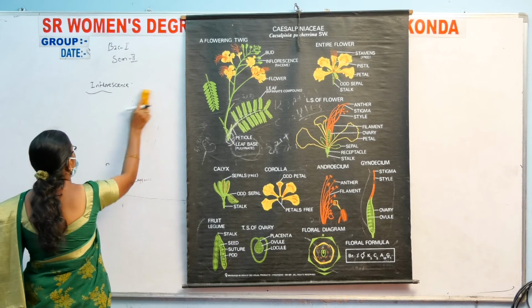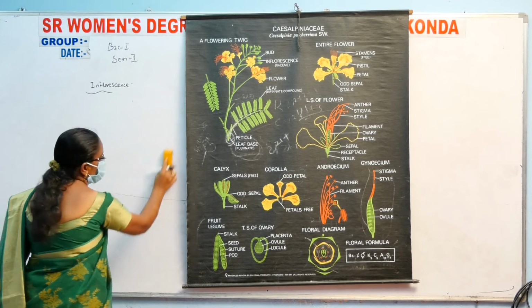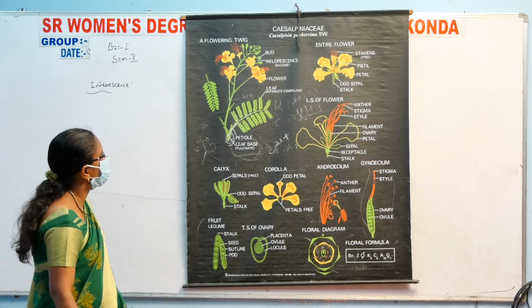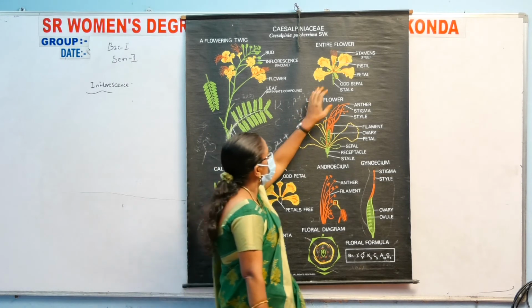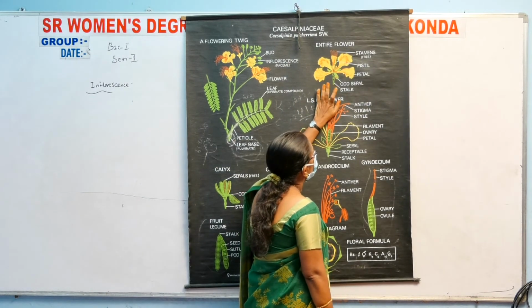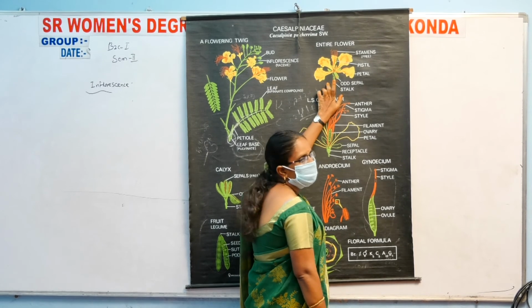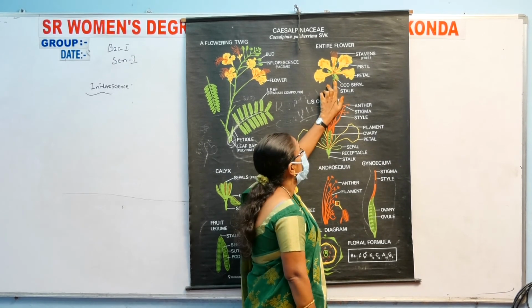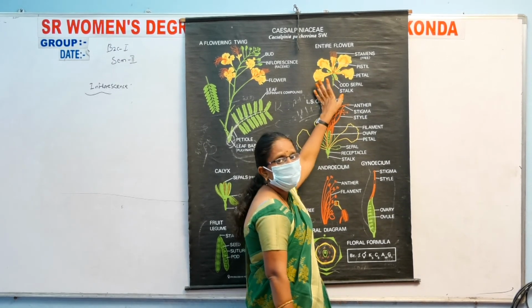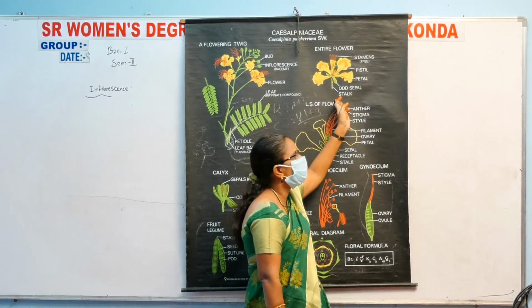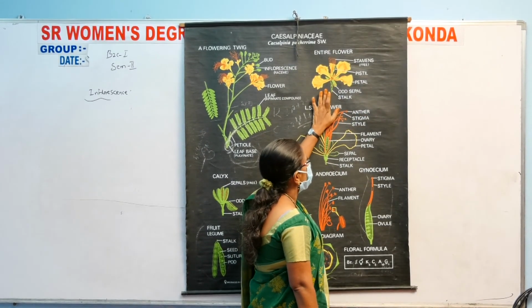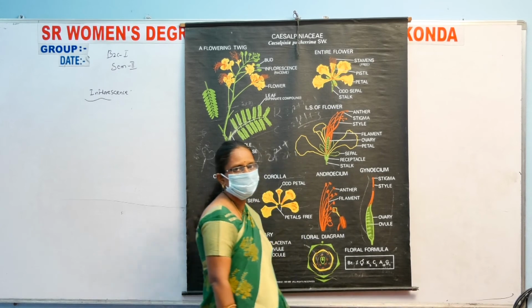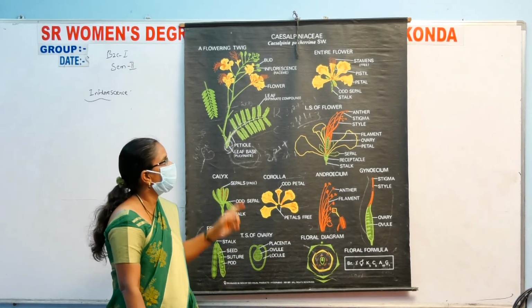The flower is bracteate. For example, this is a single flower: bracteate, ebracteolate, pedicellate, complete, bisexual, actinomorphic or zygomorphic, perigynous, and pentamerous.